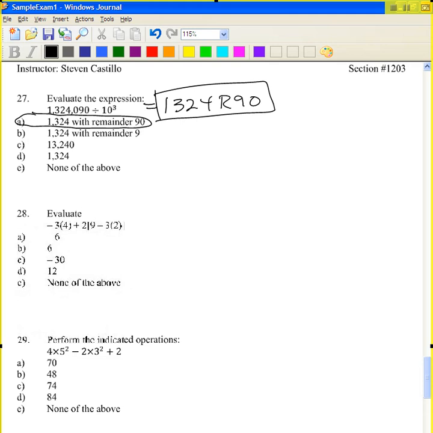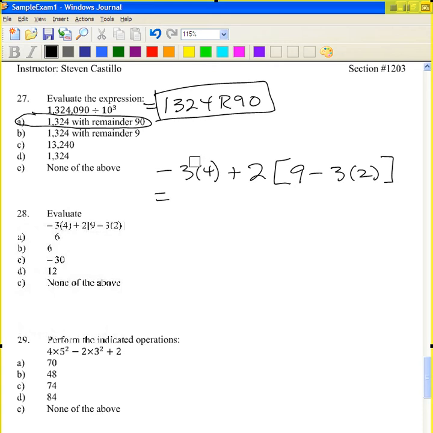So how's that? Okay, so let me do problem number 28. So I want to evaluate this. Negative 3 times 4 plus 2 times (9 minus 3 times 2).